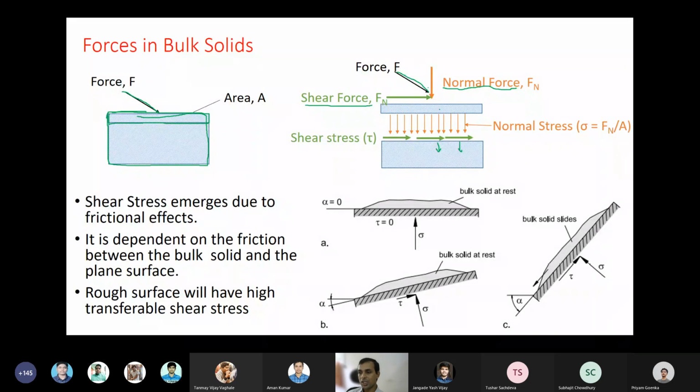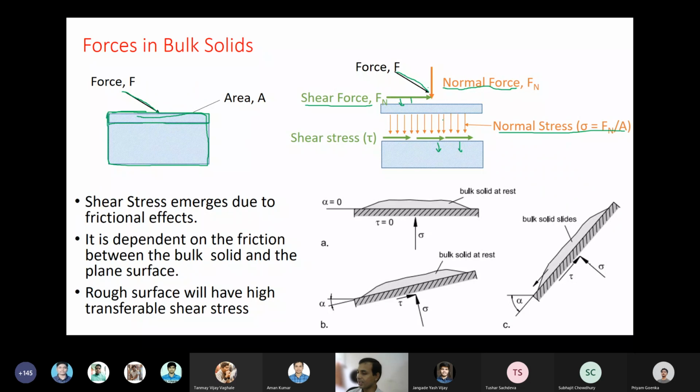Force per unit area, we know, is called stress. The normal force acting per the area of cross section is called normal stress.